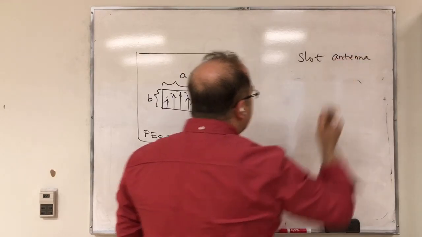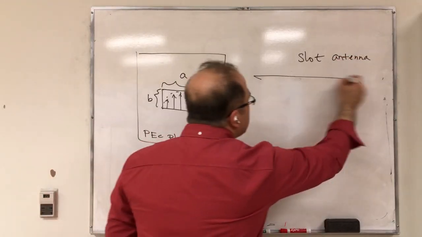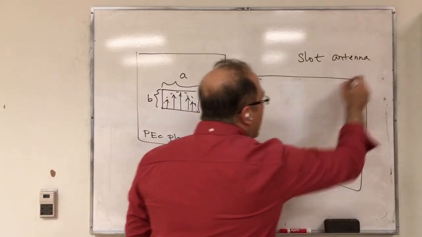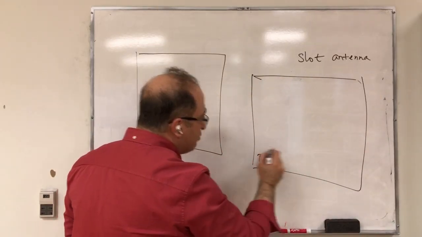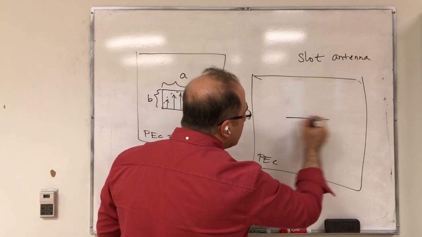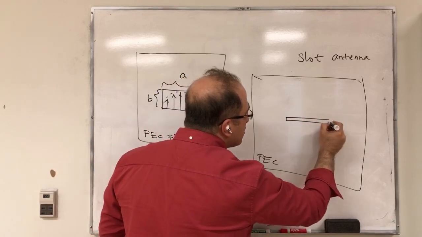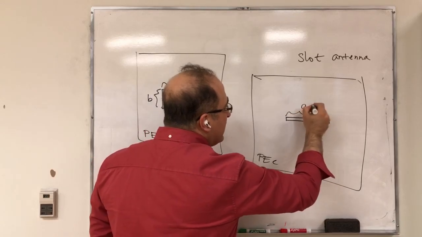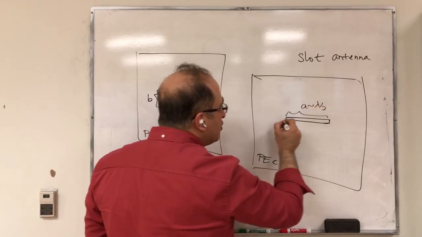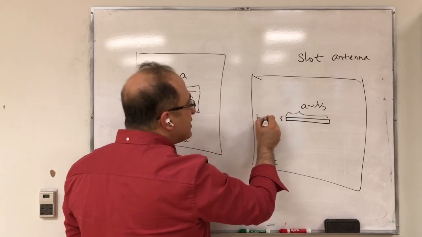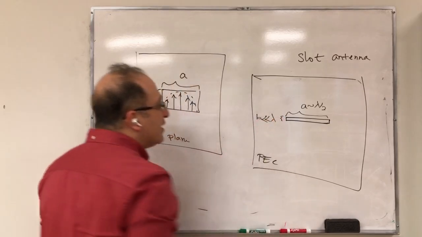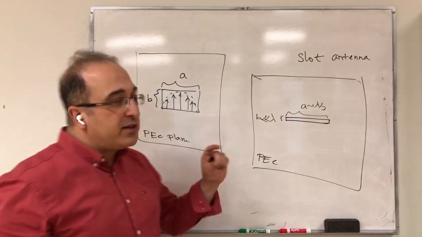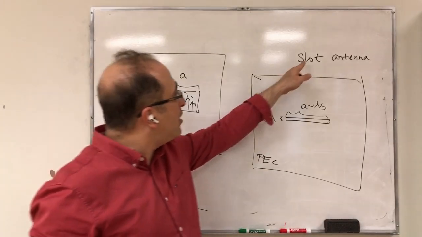In this configuration, this is again our flat metallic plane, PEC, and then this is essentially the aperture that we have. And this size, this A, is about lambda by 2, and this B, or width, is much smaller than lambda. So this is a particular case that we call a slot antenna.